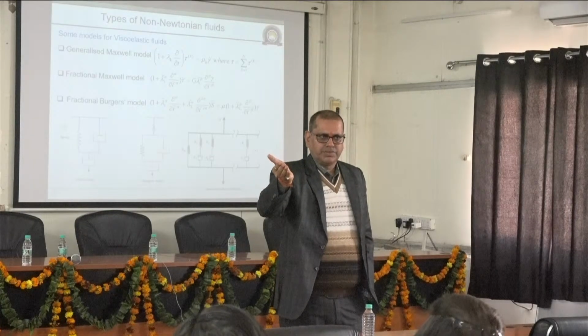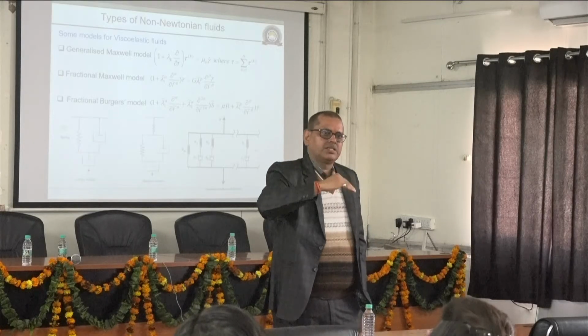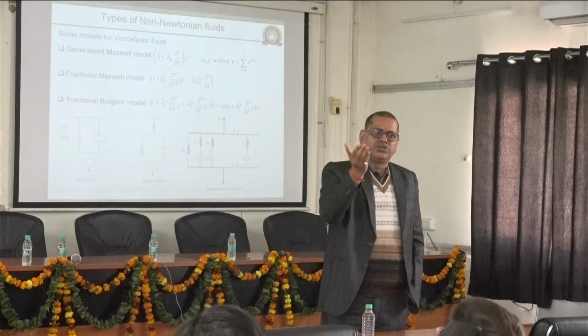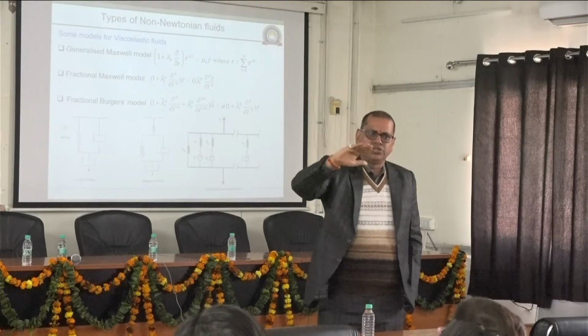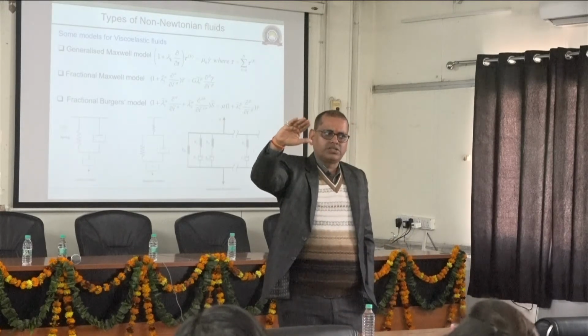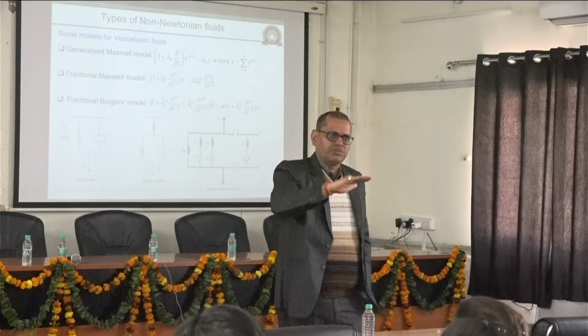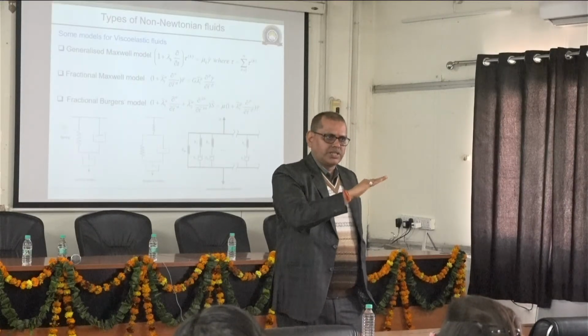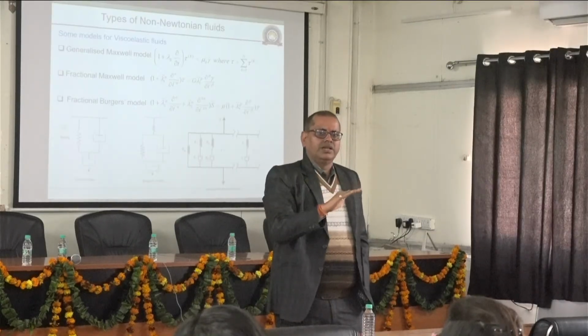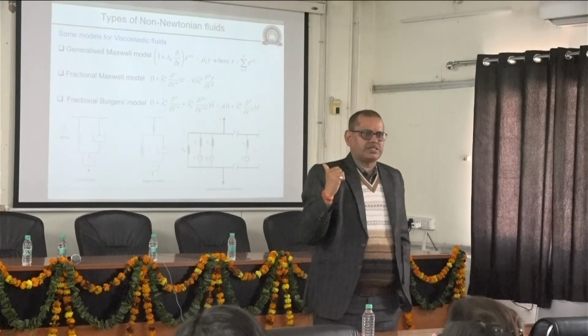So when alpha is equal to 1, the fluid is a solid, and when alpha is equal to 0, it is more liquid. In between 0 and 1, there is a transformation from liquid to solid and solid to liquid. So this is the transition state, where the transformation from one state to another can be easily defined through the fractional derivative.